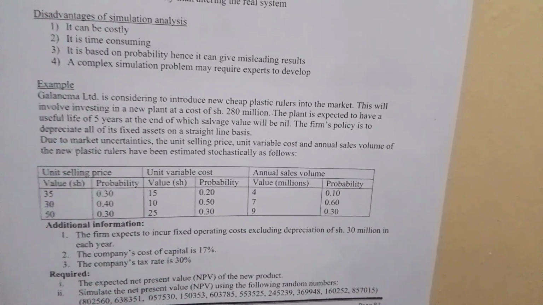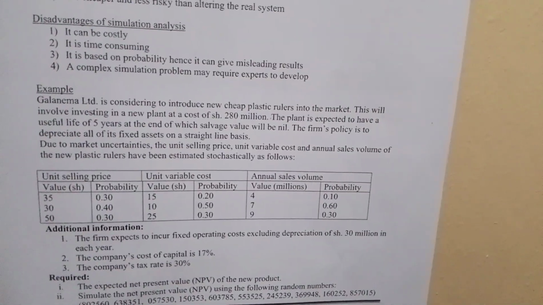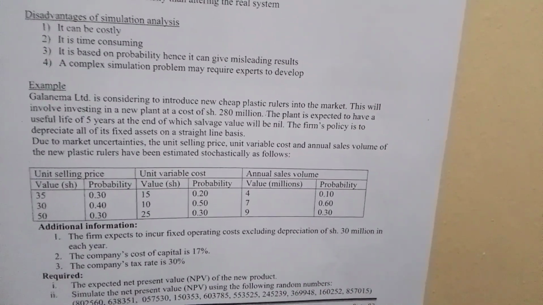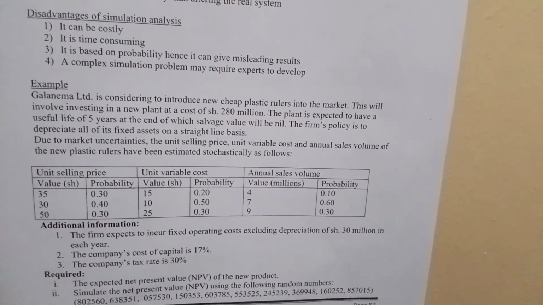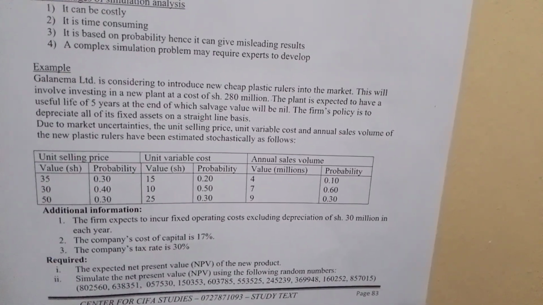Expected annual sales volume will be 4 times 0.10 plus 7 times 0.60 plus 9 times 0.30. So when you move to the next page, you find those calculations there.